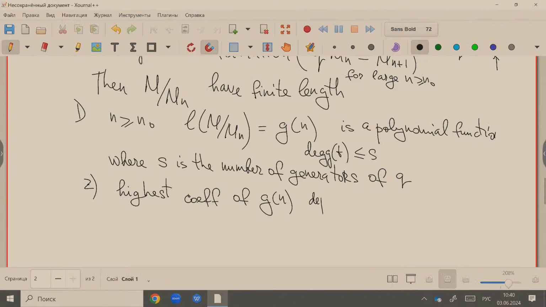So it depends only on Q itself, M, but not on the choice of filtration.